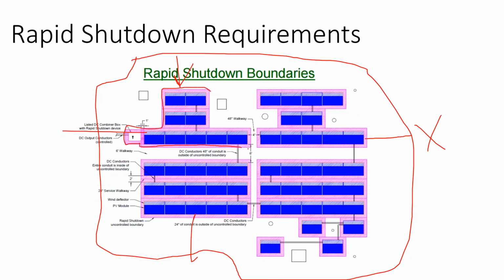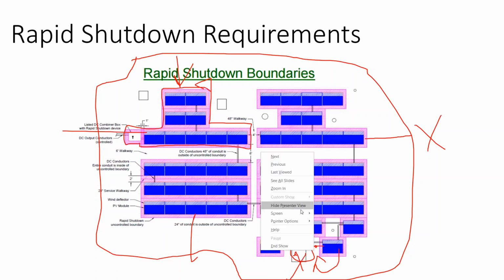And so even your jumper cables that go from one array section to the next, if they go outside a 1-foot array perimeter, this jumper cable has to be able to be de-energized on command.